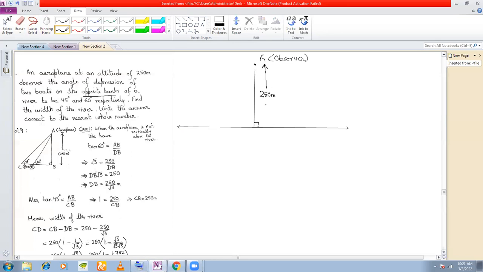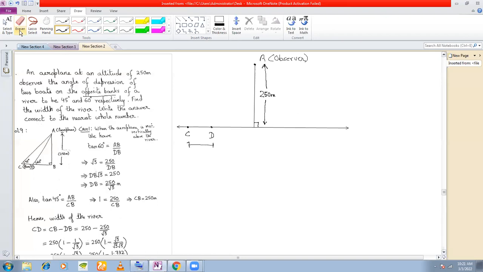So this is the aeroplane, and you are sitting on it. And you are observing, let's say there is a river here. This is the width of the river, CD, right? And from A, you are observing the river whose width is this CD.